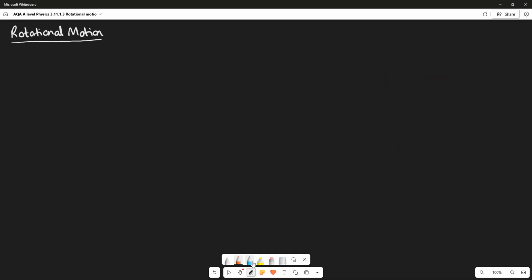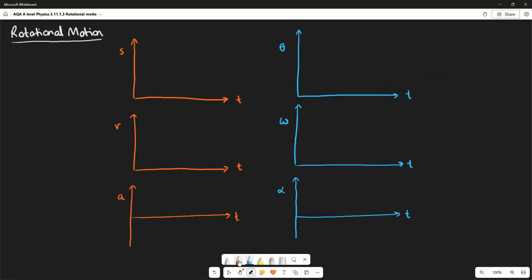Another similarity are the motion graphs. Here we have displacement time, velocity time, and acceleration time axes. And on the right, we have angular displacement time, angular velocity time, and angular acceleration time axes. I will draw the same curve for both of the graphs at the top, and then we will analyze them.